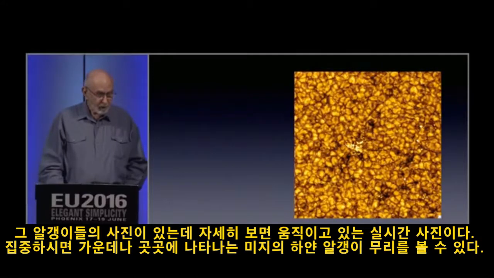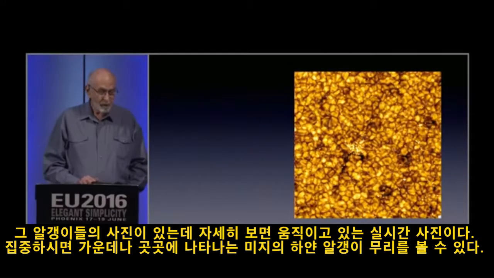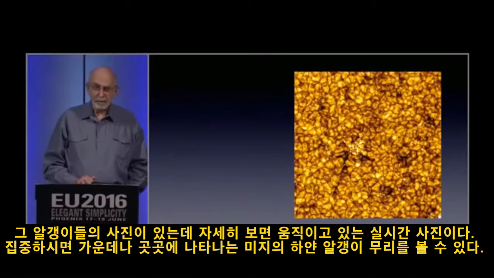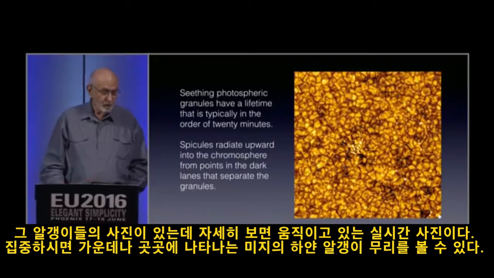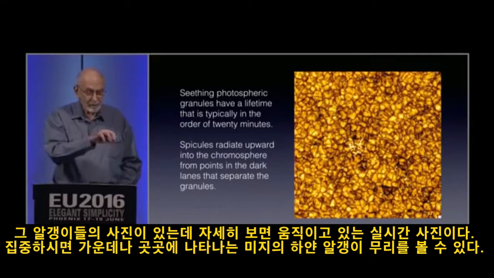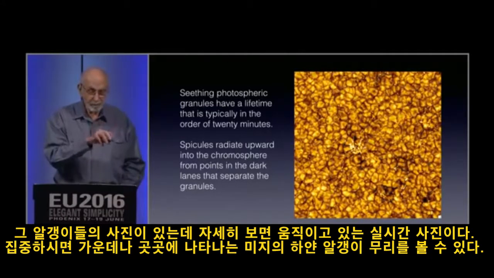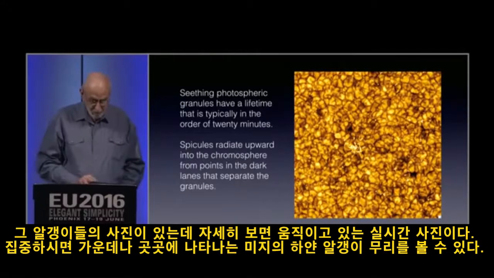Anyway, there's a picture of the granules. That's a movie. If you look at it very carefully, you can see it moving. It's a real-time motion picture of the granules. If you keep your eye on one, especially near, I think that white stuff in the center is a bunch of spicules coming up through, I don't know, but I think that's what it is. And you see them, they're all over the place.